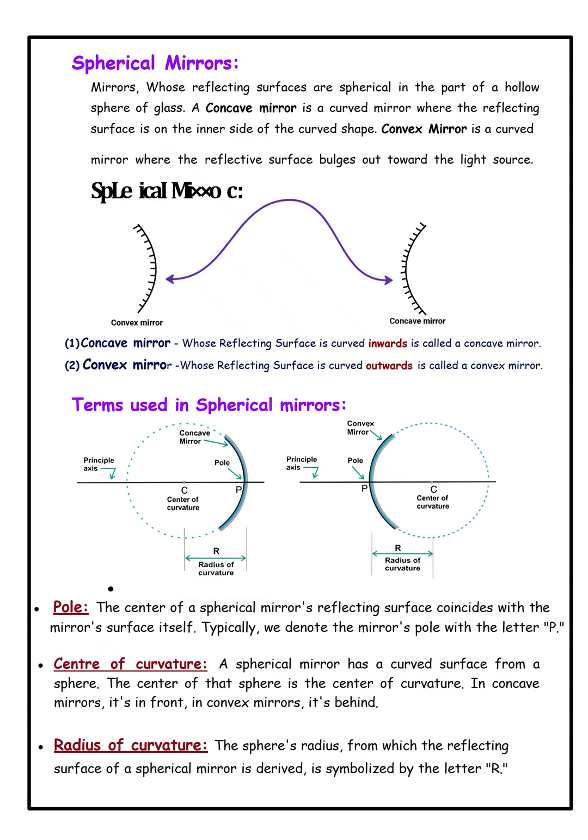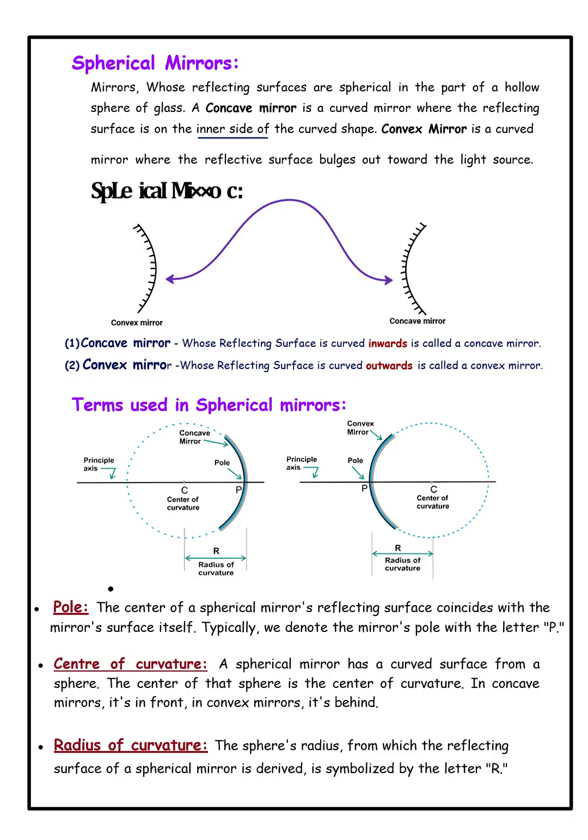Okay, the next most important topic is spherical mirrors. These are mirrors whose reflecting surface is spherical, being part of a hollow sphere of glass. There are two types of mirror which you have to remember. A concave mirror is a curved mirror where the reflecting surface is on the inner side. So you have to remember which side we are talking about, that's the inner side.